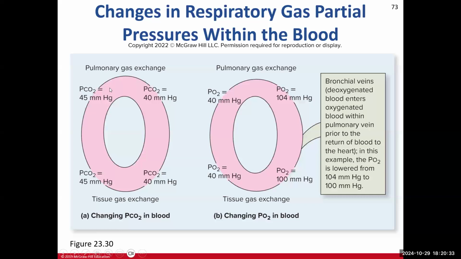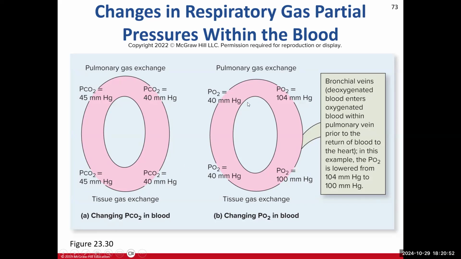You breathe that out, and it drops down to 40 millimeters of mercury, and then it circulates back to your systemic cells at 40 millimeters of mercury, which promotes the diffusion of carbon dioxide into the blood from your tissues.